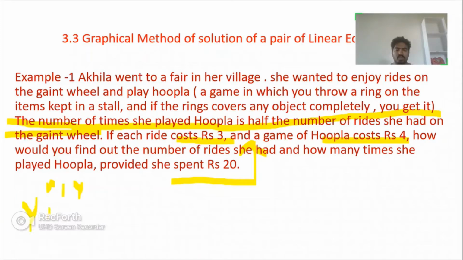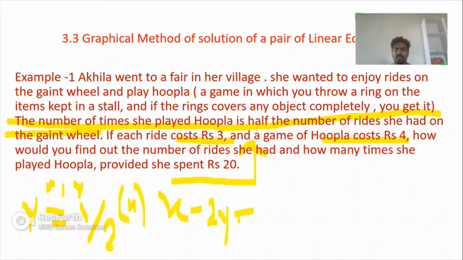So y is equal to the number of times she played hoopla, which is equal to 1/2 of the number of rides she had on the giant wheel, which we are treating as x. So y is equal to 1/2 of x. This implies x minus 2y is equal to 0. So this is the first equation we have framed by using the given information.